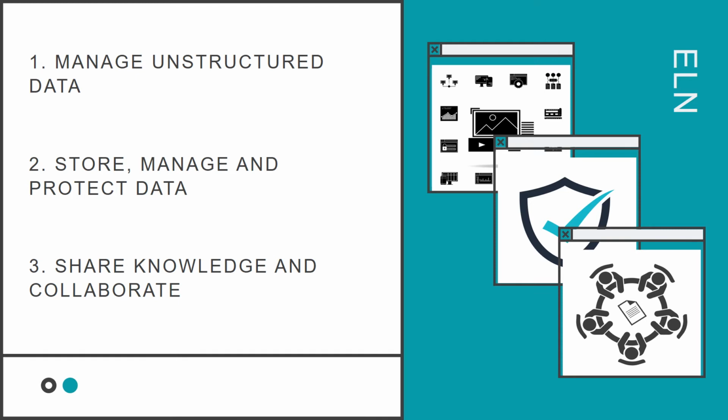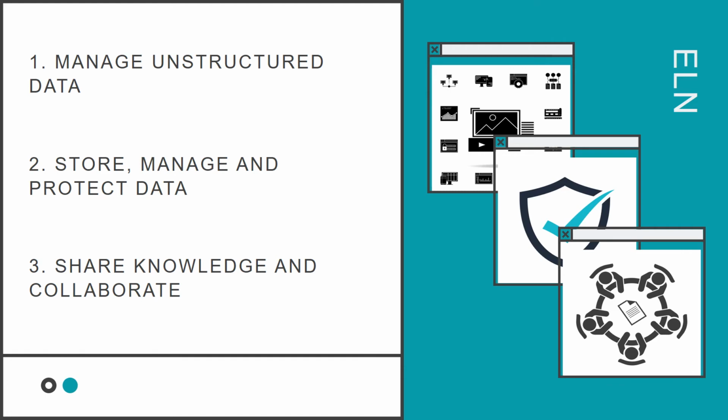Next, we have our ELNs, or Electronic Lab Notebooks. These softwares were created to manage unstructured data, which is different from the LIMS systems, which were created to manage structured data. Examples of unstructured data would be things like notes, images, and the trackings of samples, to give you a place to centrally store, manage, and protect your data.